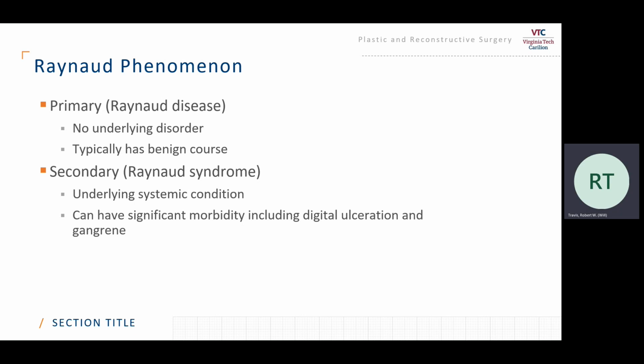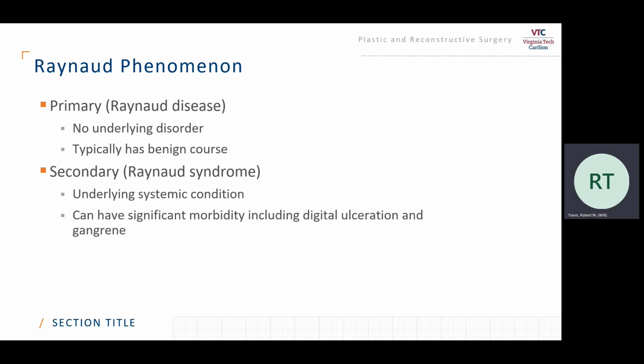Other associated conditions include hematologic disorders, mechanical injury from vibrations, and other vasospastic disorders such as migraines and Prinzmetal angina. It's also associated with certain medications such as beta blockers and serotonin agonists.